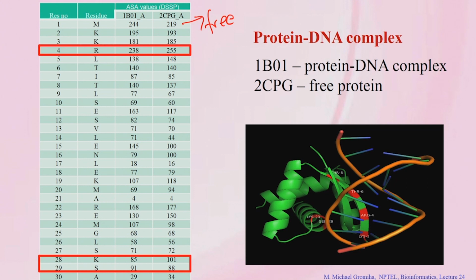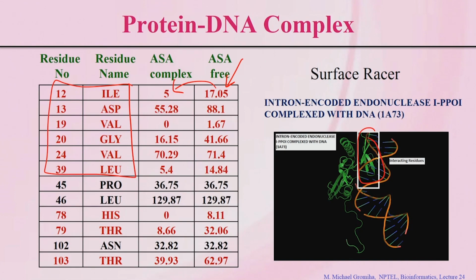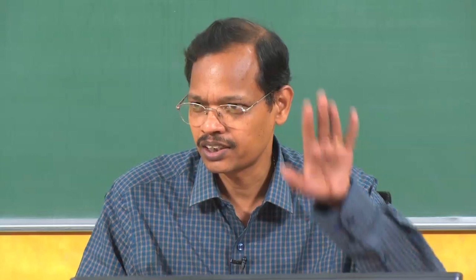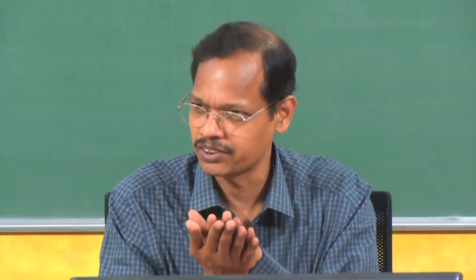So, here I would like to mention the difference between the unbound and the free one. In the unbound case, the complex is cut into 2 pieces and we take the protein. If you superimpose this protein on the one in the complex, they match exactly, there is no conformational change.